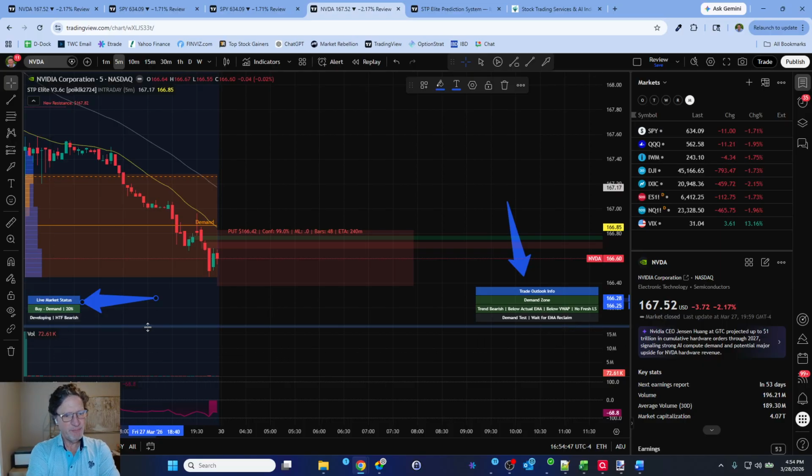In the meantime, this is what's happened already. So you were in a buy zone. The higher time frame is bearish, meaning going forward, it still looks bearish. You know, kind of obvious the EMAs are going down. But anyway, it's still developing and there's some chance that it could reverse.